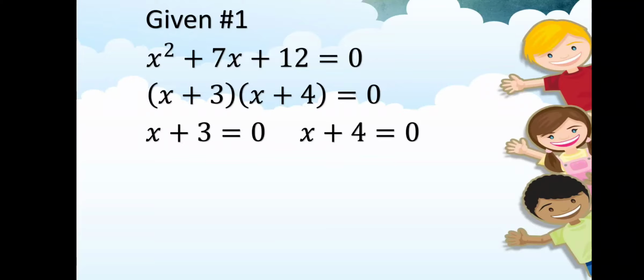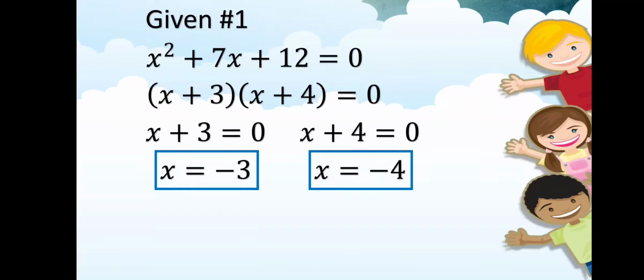By finding x, let us eliminate 3 on the left side by adding negative 3 on both sides. So we'll have x is equal to negative 3. On the other side, we'll have x is equal to negative 4. That means negative 3 and negative 4 are the solutions of x squared plus 7x plus 12 is equal to 0.